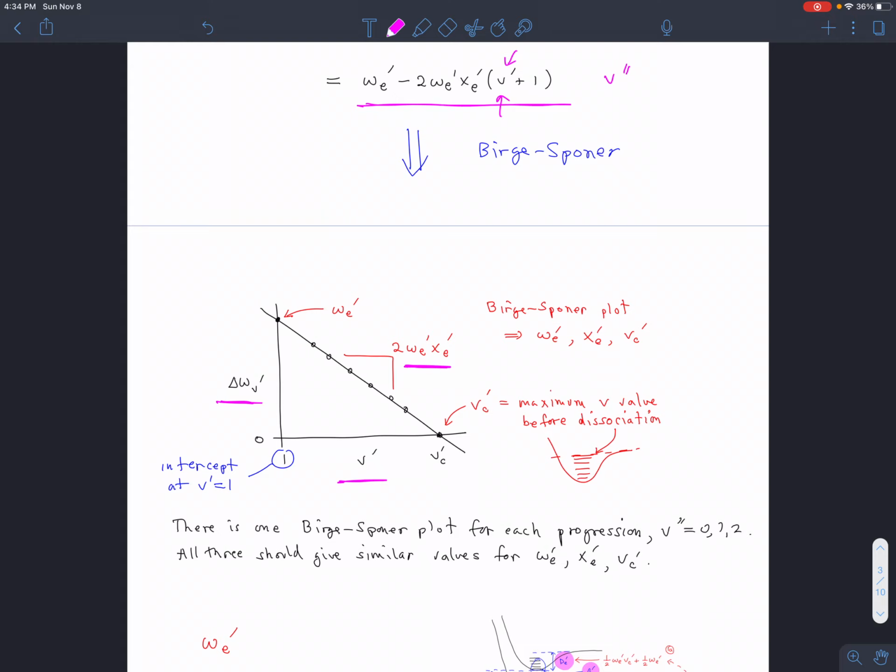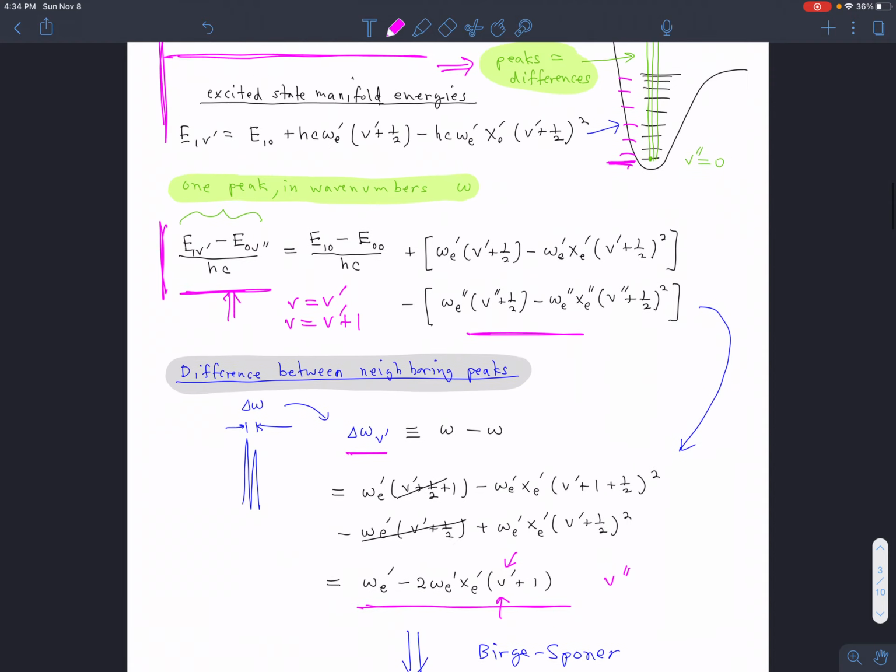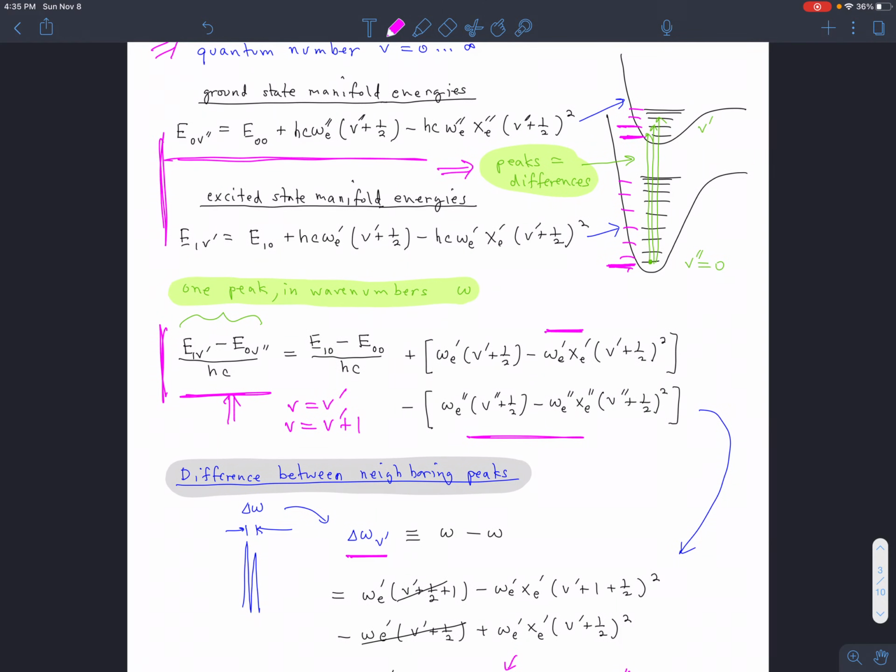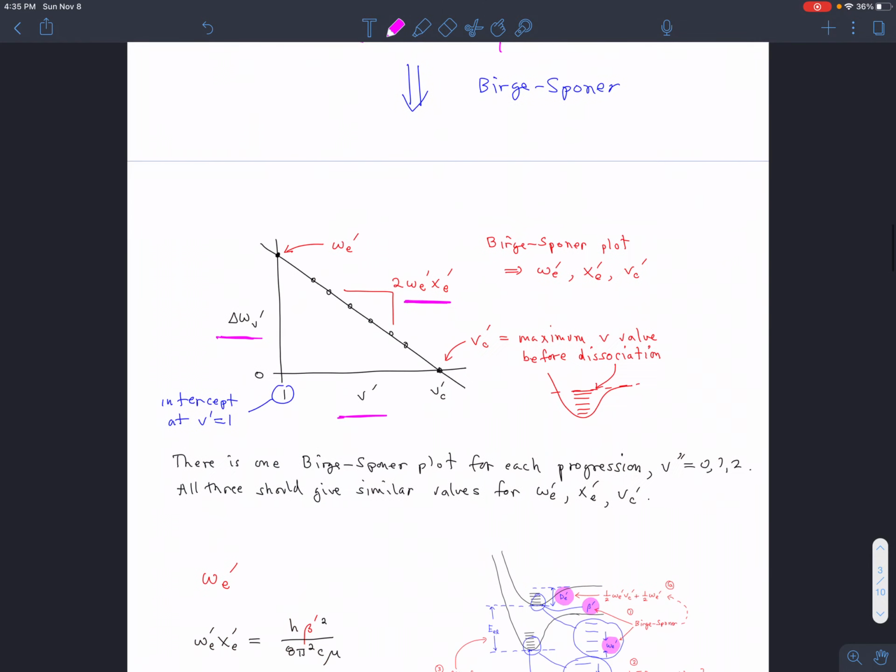And the slope of the straight line gives us some of the values that we need, these correction terms that account for the fact that it's not a pure harmonic oscillator. It gives you the spacing between levels in the excited state, and it gives you this third quantity Vc prime, which is the value of V when you're right at the dissociation point for the excited state.